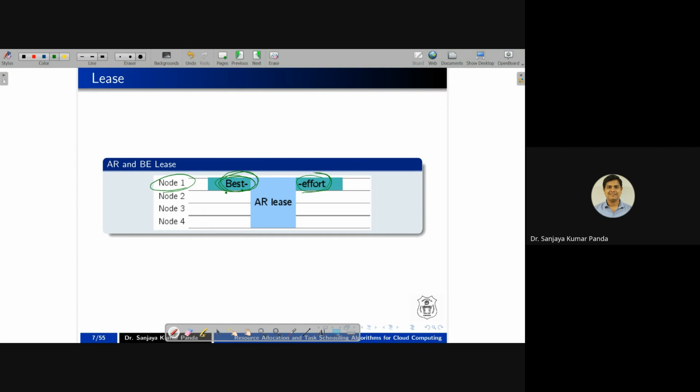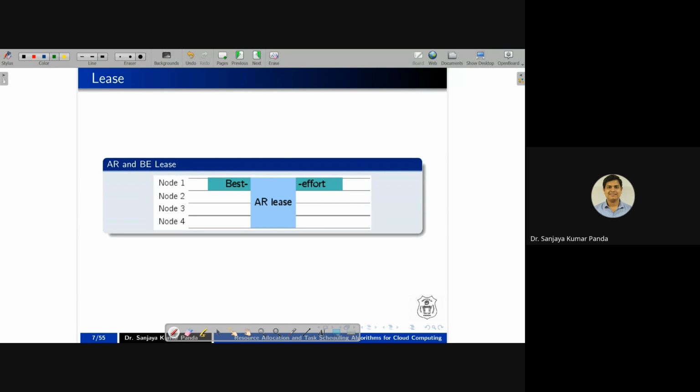So whenever you are resuming that particular lease, that partial result is with that particular node only. That is the reason once a best effort lease is preempted, it is going to be resumed on that particular node only. Here also you can clearly see the AR lease has more priority over the best effort lease.